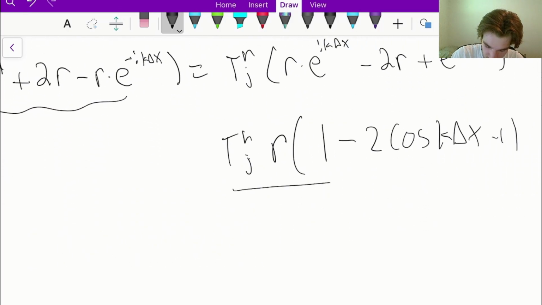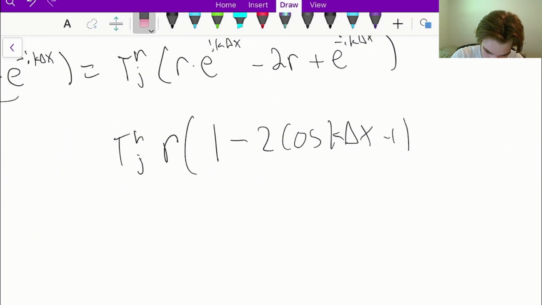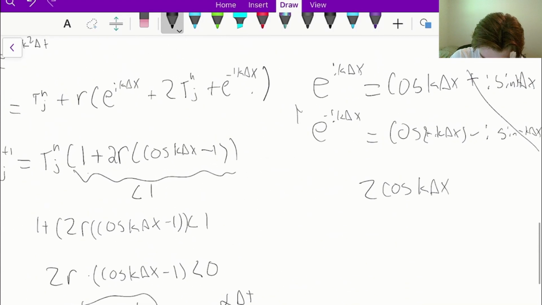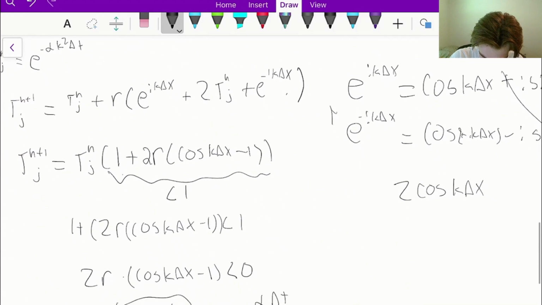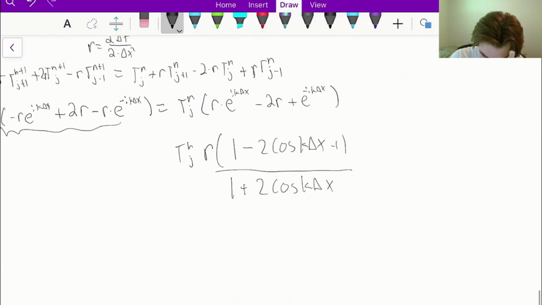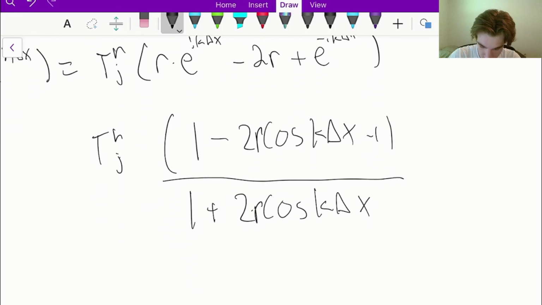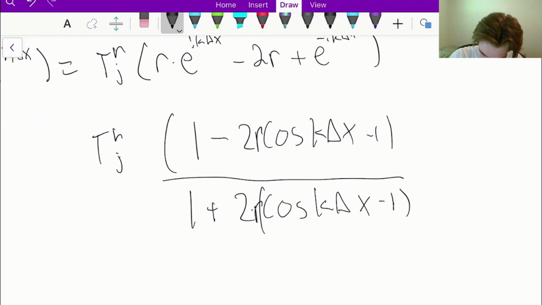And then this is going to be over 1 plus, in this case, 2 cosine k delta x. Or this is 1 plus, I apologize, the r goes inside here, 2 times r. And then this is minus 1.